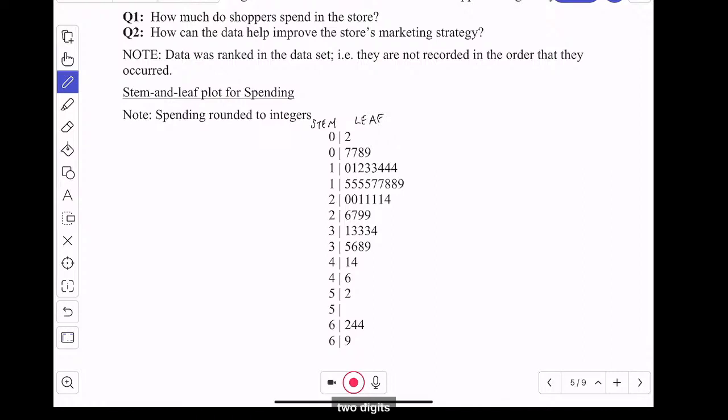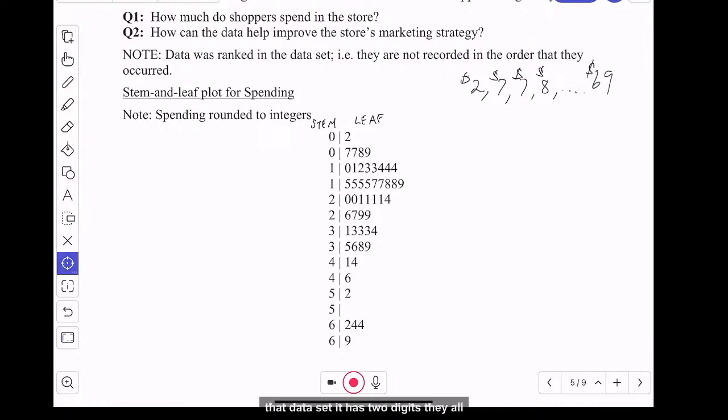And the reason why there are 2 digits is because the data in order is $2, $7, $7, $8, etc. all the way to 69. Now because the last one in the ordered data set has 2 digits, they all need to have 2 digits. So I put a 0 in front of the single digit numbers.